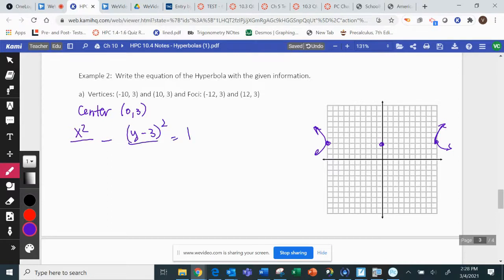And the foci would be at negative 12 and 12. So the c value is 12, so c squared is 144. Oh, I forgot to do a squared. So a is 10, so a squared is 100.